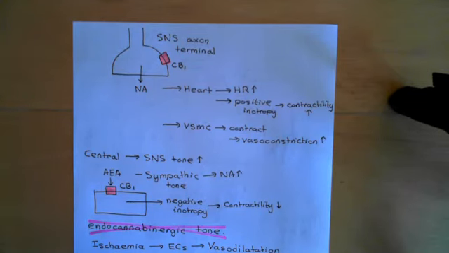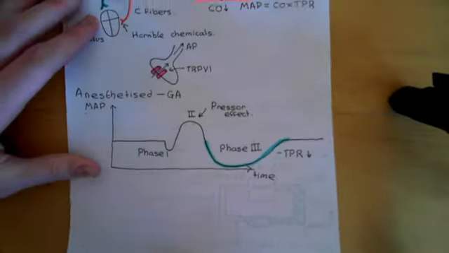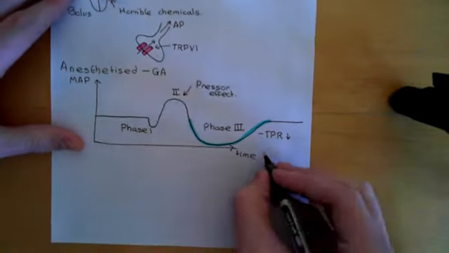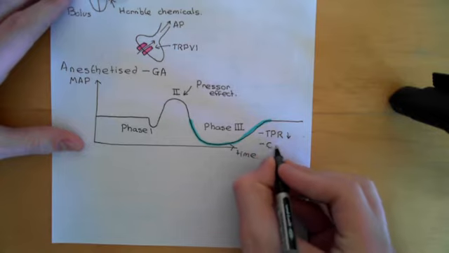That decrease in sympathetic tone is going to lead to bradycardia, decrease in heart rate, and also a decrease in contractility, which again is going to lead to a reduction in cardiac output. So in this phase, cardiac output is also going to drop.